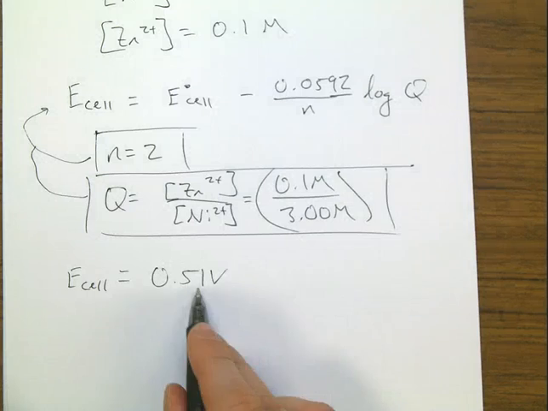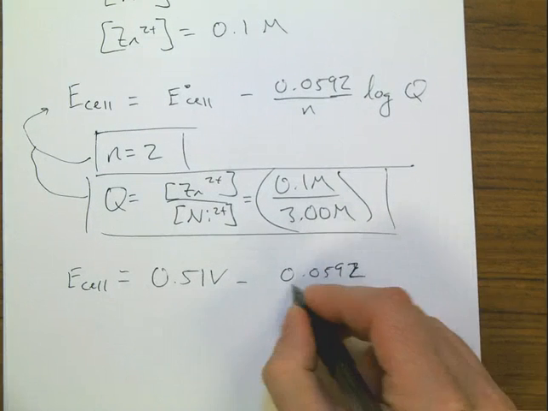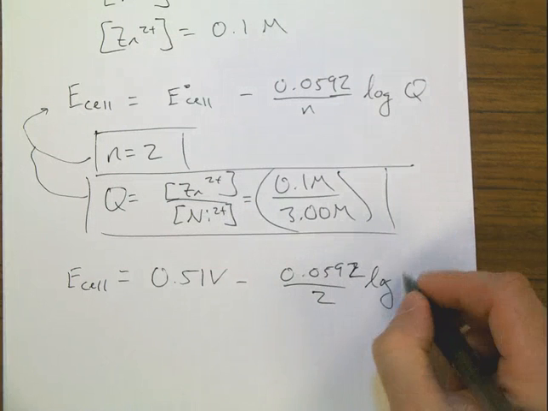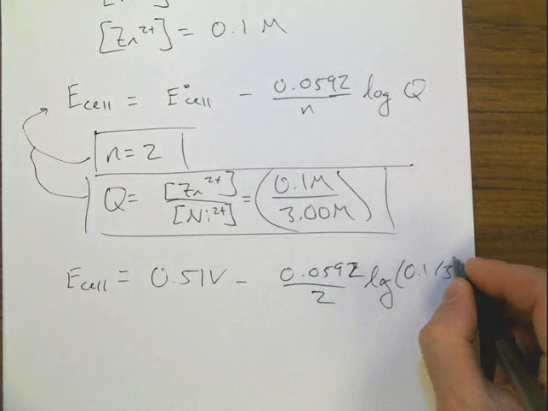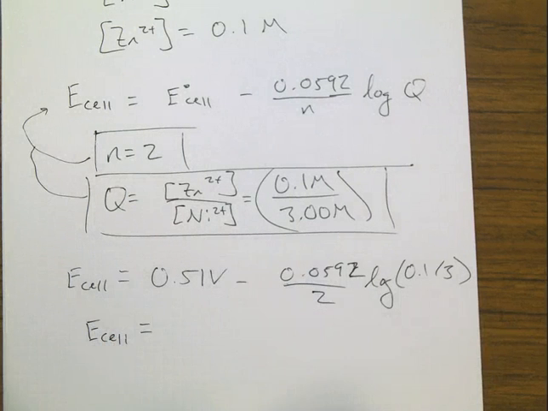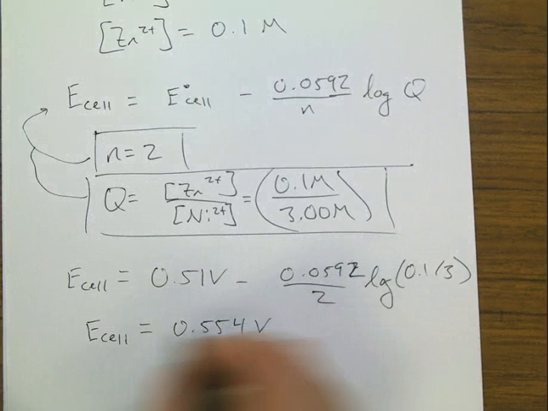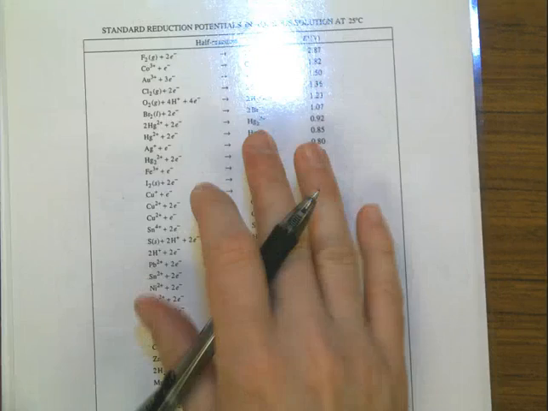I figured that out from part A, minus 0.0592 divided by 2, because that's my moles of electrons, times the log of 0.1 divided by 3. When you do all of that, your voltage for the cell under non-standard conditions ends up being 0.554 volts. A little bit different from the back of the book, again, because of the usage of the different table if you were using the AP printout of the standard reduction potentials.